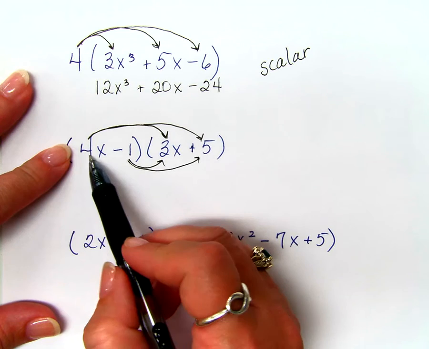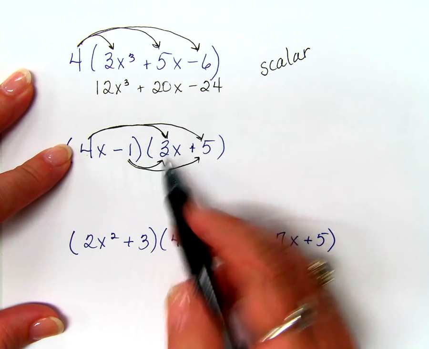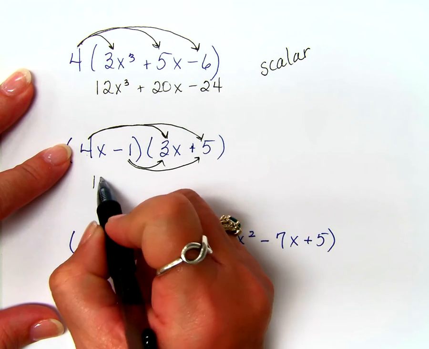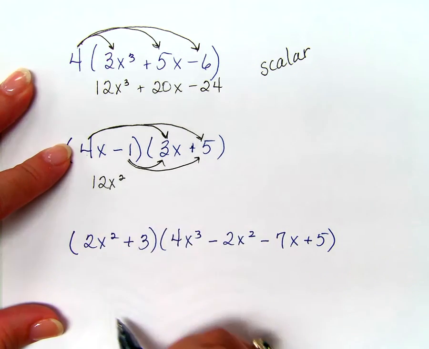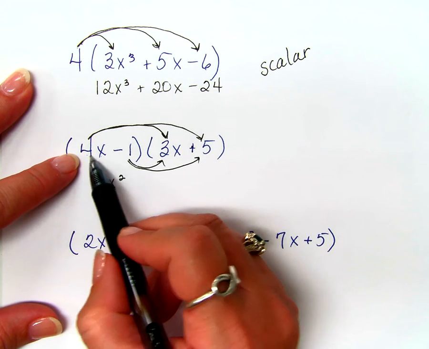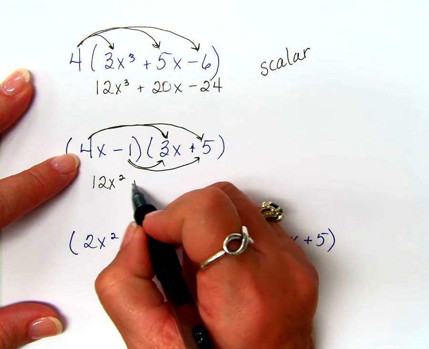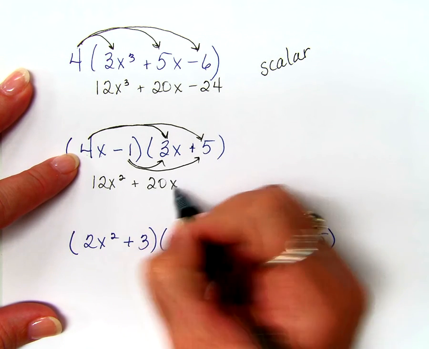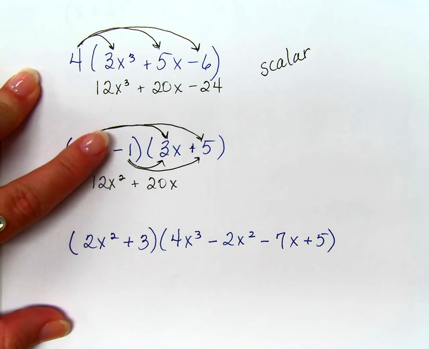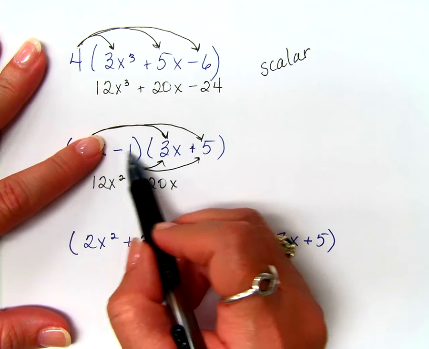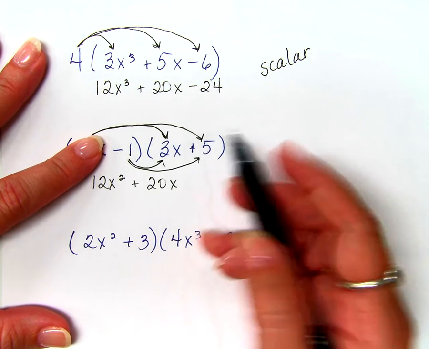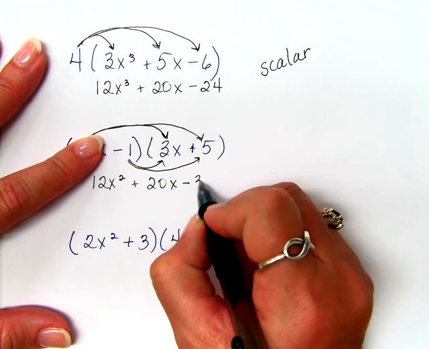Okay? So what do I get when I multiply 4x times 3x? Well, I get 12x squared. What do I get when I multiply 4x times 5? 20x. Okay, so I took care of the 4x. Now I have the -1. What's -1 times 3x? -3x.